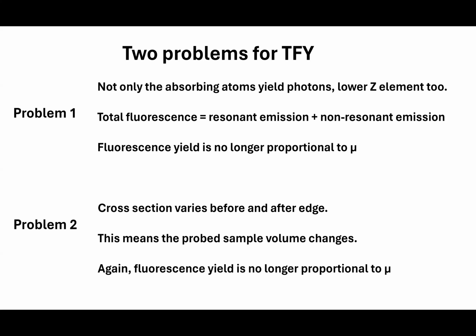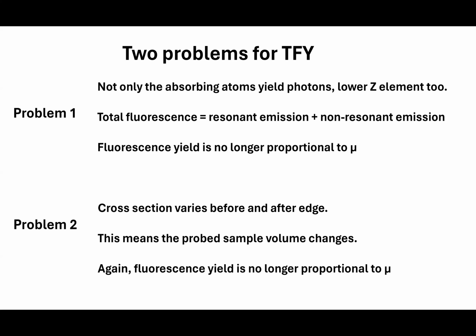The problem is, when we come to the manganese L-edge, about 650 something, we're not only generating photons because of resonant emission from manganese, we're also generating photons because of non-resonant emission from oxygen. That is very important for us to understand.